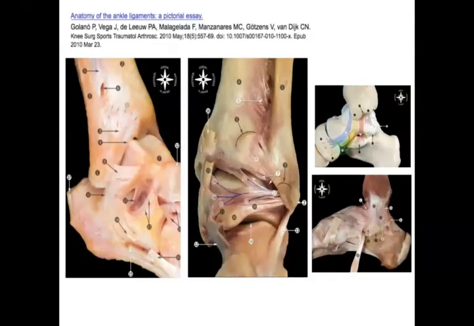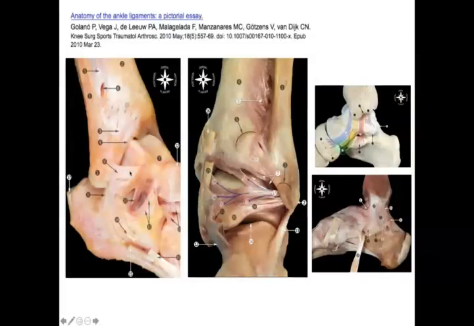So this is a landmark paper, a fantastic anatomical dissection from Knee Surgery, Sports Traumatology, Arthroscopy from 2010. And this gives you a great indication of where the origin and insertion of individual portions of the ligaments are.